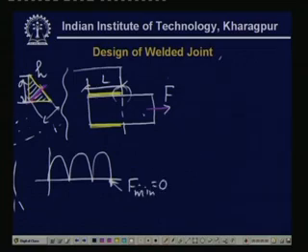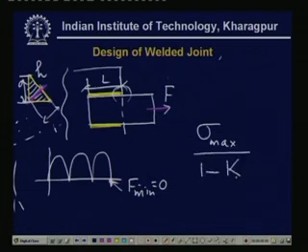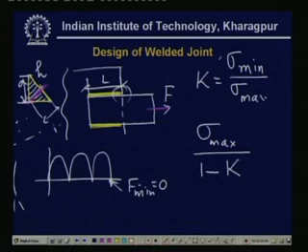With this we calculate the maximum allowable stress, and that is again done by experiments. When this value, sigma max, is calculated, it is divided by one factor, 1 minus k. Now this k factor takes care of the asymmetry in loading. k is defined as sigma min divided by sigma max.